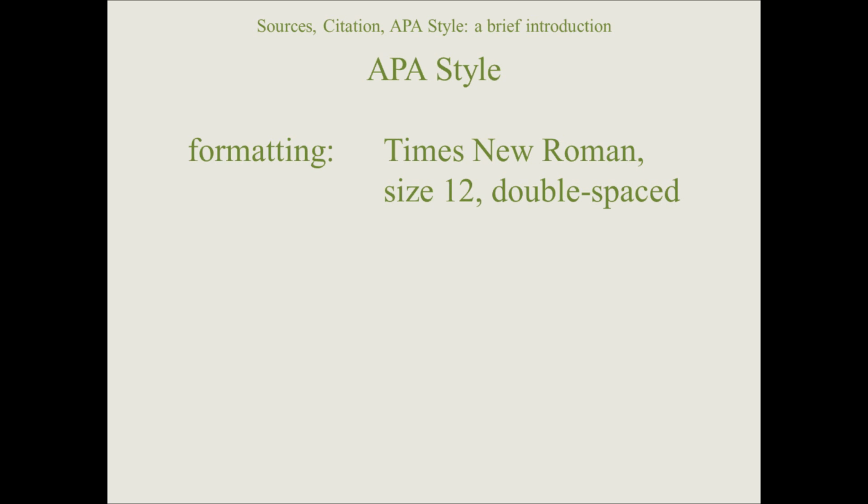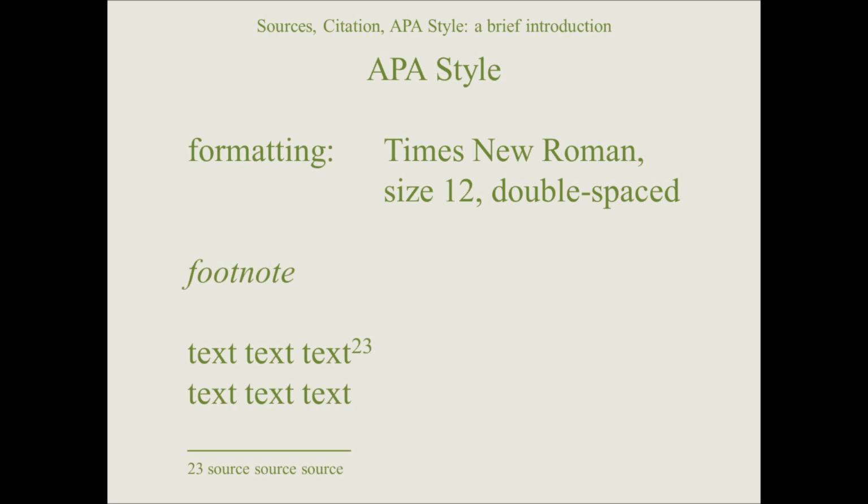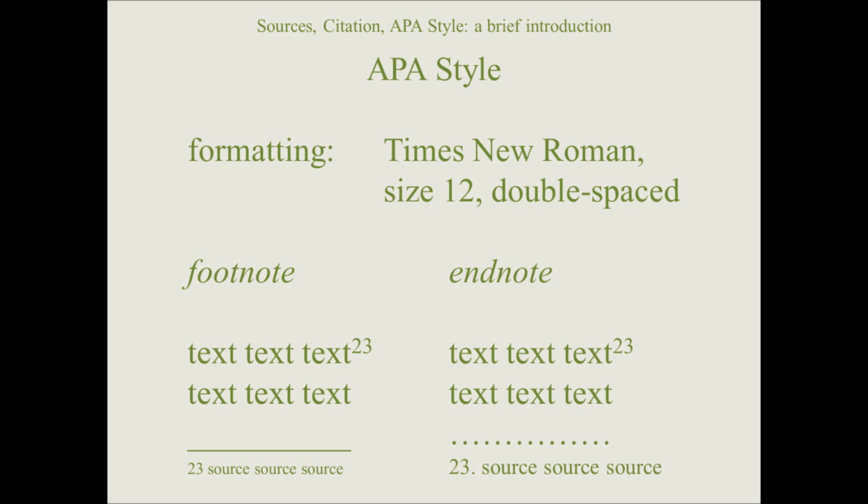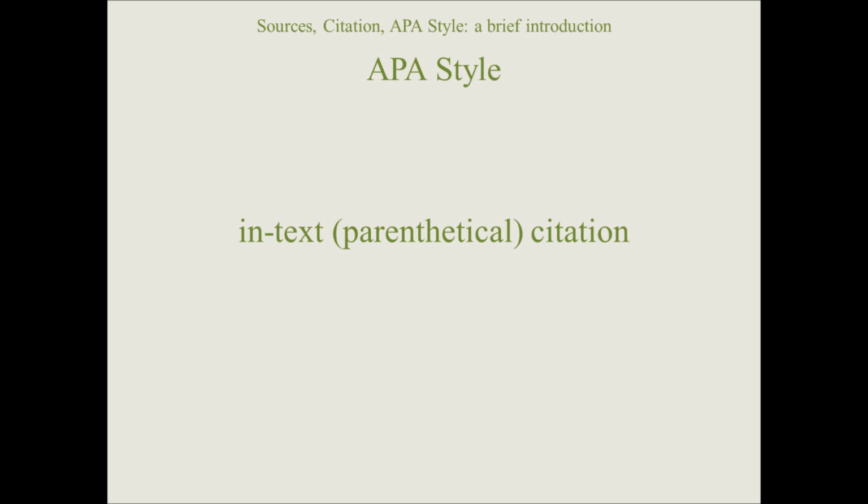In APA style, footnotes at the bottom of the page or endnotes at the end of the paper or essay are not recommended. Instead, in-text parenthetical citations are preferred. How is that used? There are two main ways.